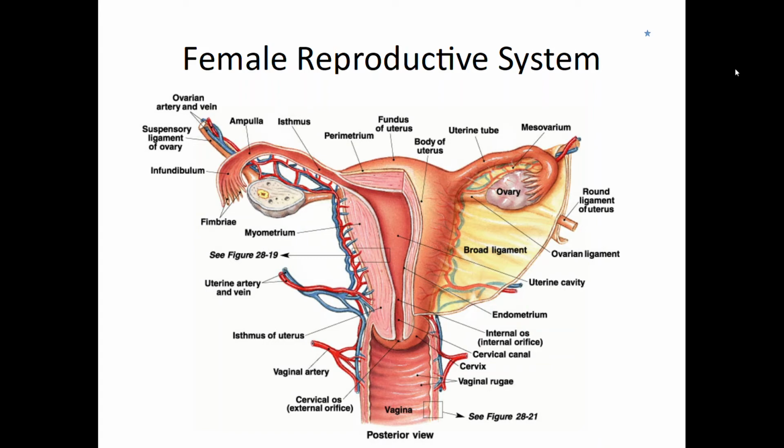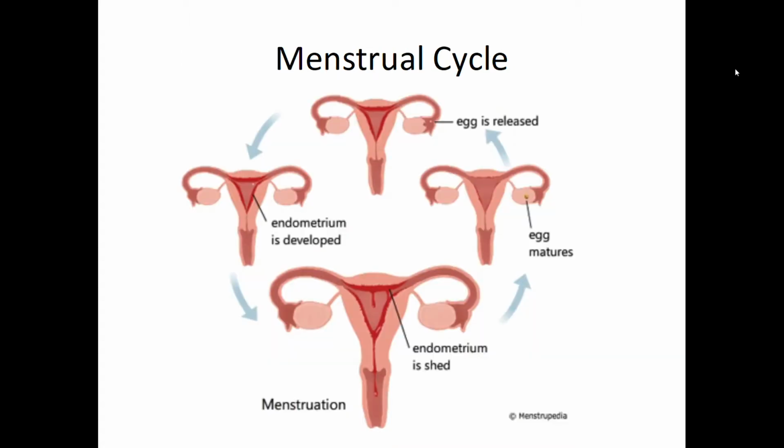So when we talk about the female reproductive system, we have to talk about the series of cycles that are involved in its function. That comes down to the menstrual cycle, which we can divide into the uterine cycle and the ovarian cycle. Fundamentally, you have the maturation of an egg.